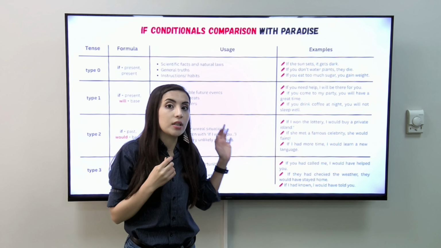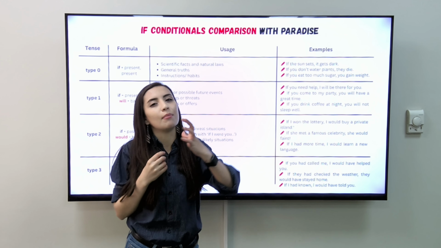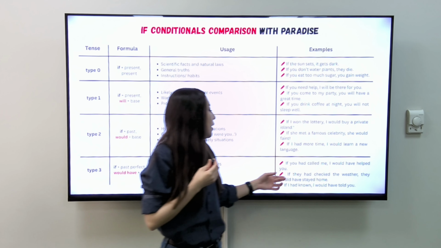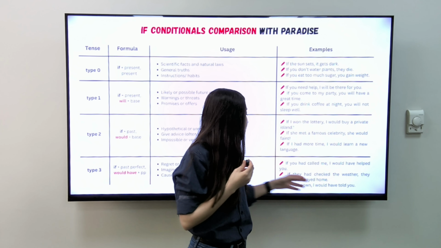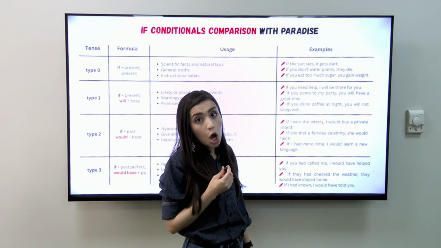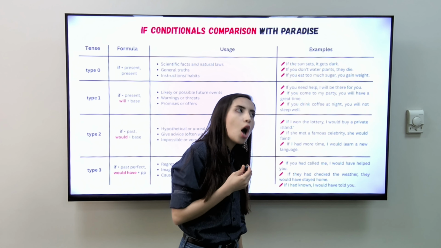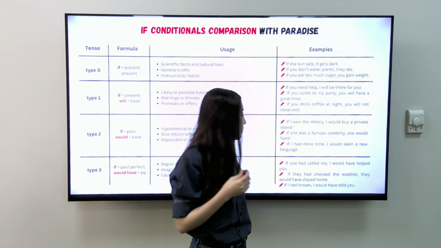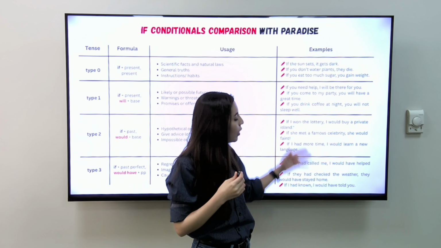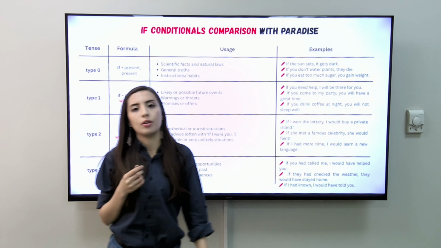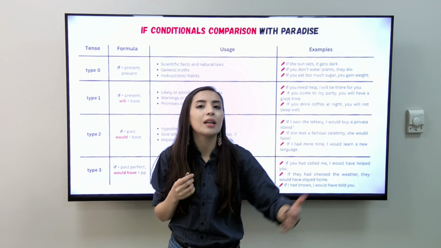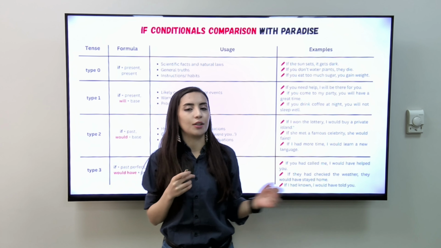At that point, there was a time that you needed my help the most, but it has gone. If they had checked the weather, they would have stayed home. Did they check the weather? No. Did they stay at home? No. As a result, if I had known, I would have told you. It means that I didn't know, so as a result, I didn't tell you.